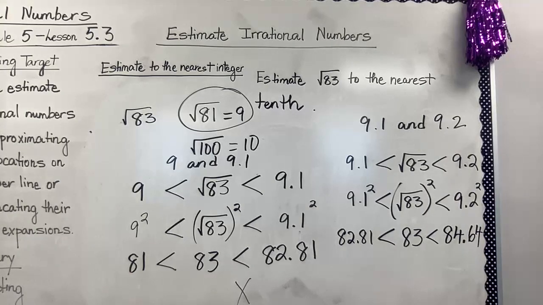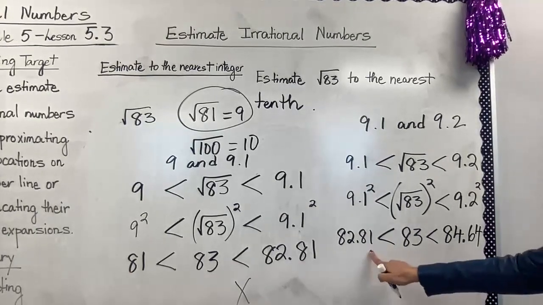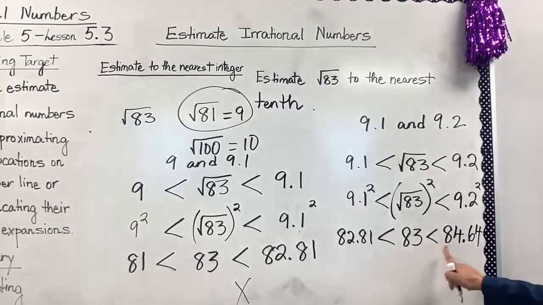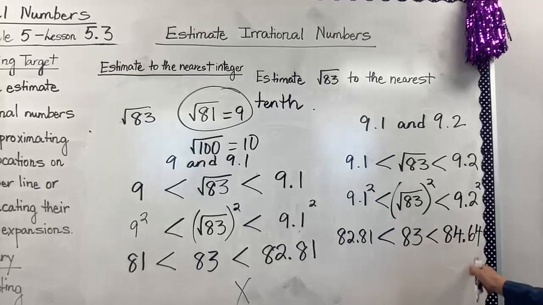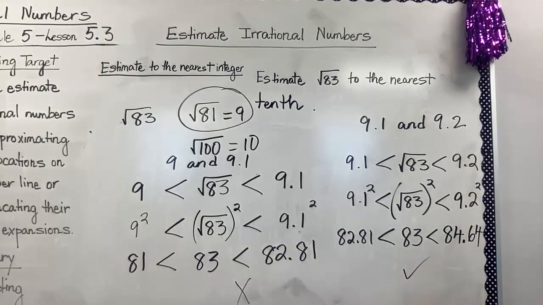All right, now look, is this inequality going to be true? Is 82 and 81/100 less than 83? Yes. Is 83 less than 84 and 64/100? Absolutely. So this inequality is true, because 83 is between 82 and 81/100 and 84 and 64/100.